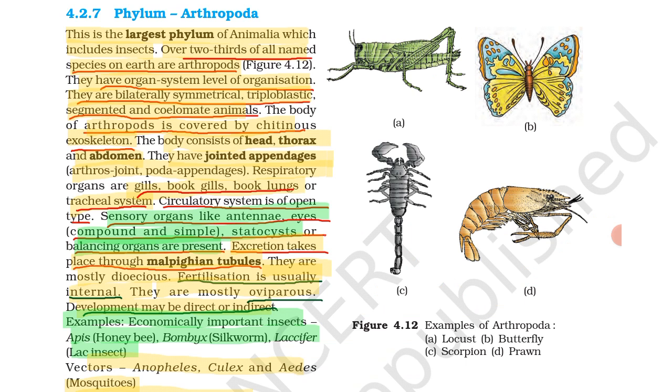The cells, tissues and organs are bathed in that blood. It is called open type of circulatory system, and it is shown by Arthropoda.